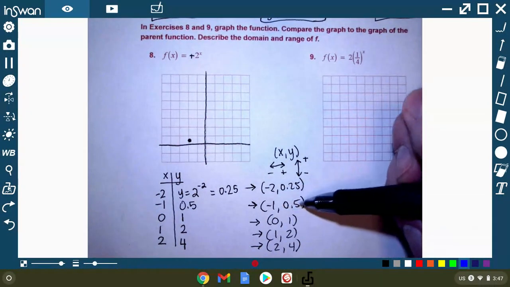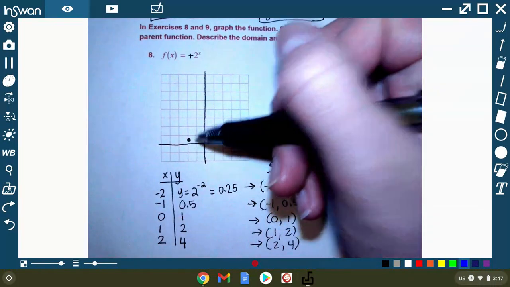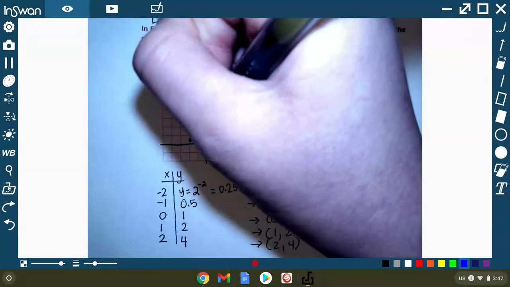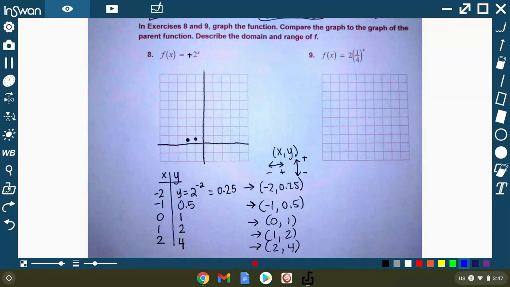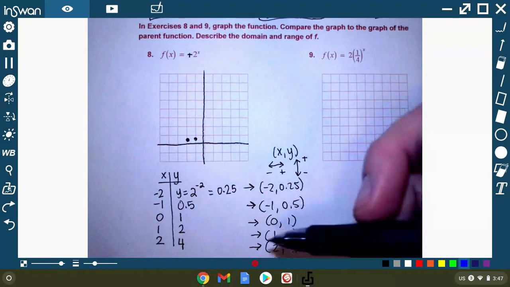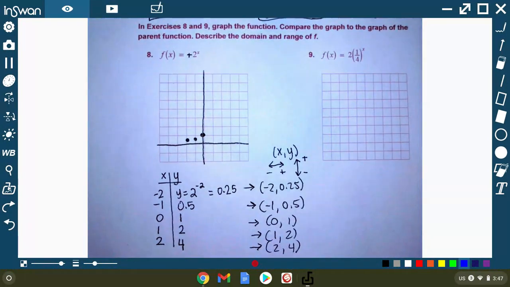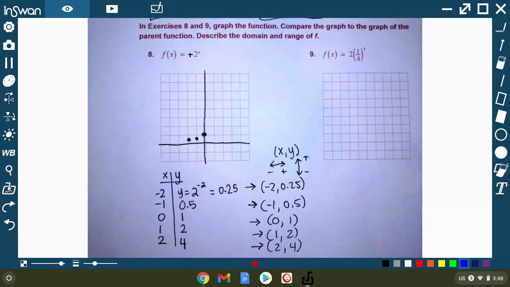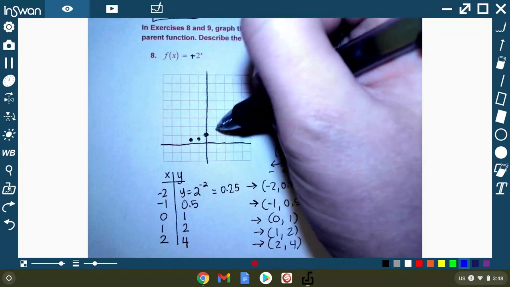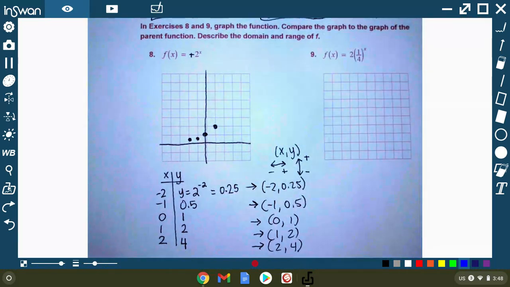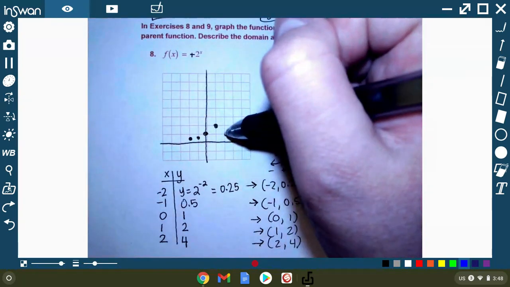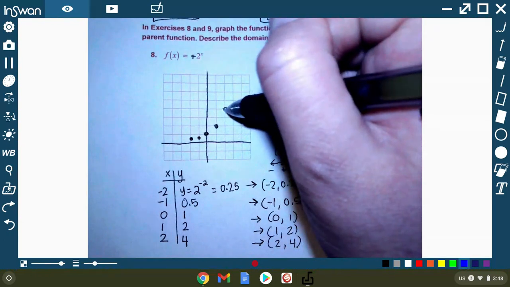Negative 1, 0.5 would be going left 1 and then up 0.5. There's no way to really make this perfect; you just want to get it pretty close. 0, 1 is our y-intercept, so that's located right here. 1, 2 would be going right 1, up 2, and then 2, 4: right 2, up 1, 2, 3, 4.